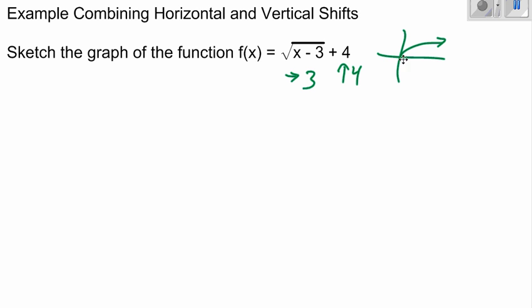So instead of starting at the origin, this graph is going to start up 4 units and to the right 3 units. So it's going to start at this point, 3, 4, instead of the origin, and then have the same look like that.